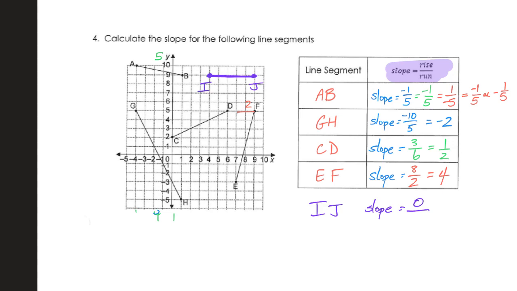My run would be over 1, 2, 3, 4, 5 lines. So I could say then that my run was 5. And then if I was to ask you, well, what's 0 divided by 5? Then we should be good that we get 0.